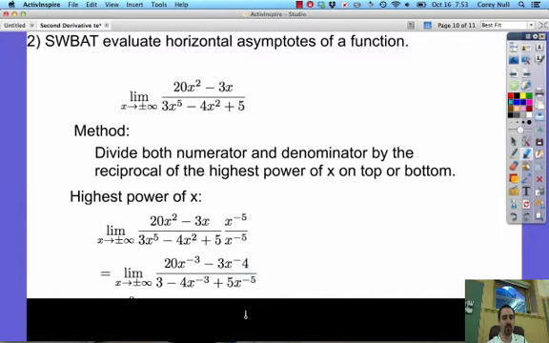Oh, that's actually a little typo. There should be x to the negative fourth. Divided by 3 in the denominator, because 3x to the fifth over x to the fifth is 3, minus 4x to the negative third, pardon me, and plus 5x to the negative fifth.